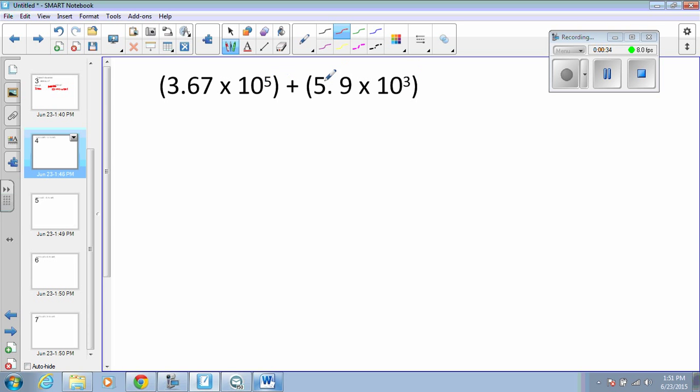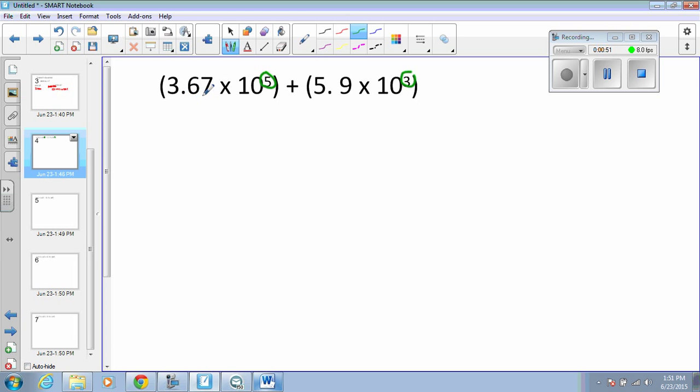So I can't add these two numbers without the 5 and 3 being the same. So how do I make that number the same? Well, I just move the decimal place.